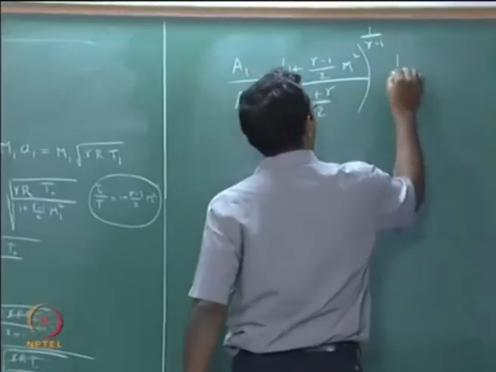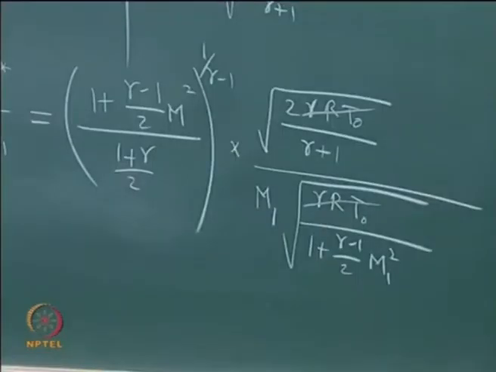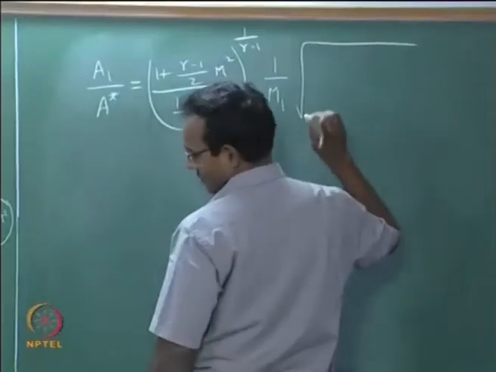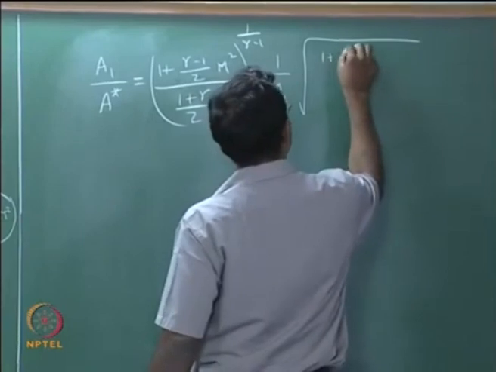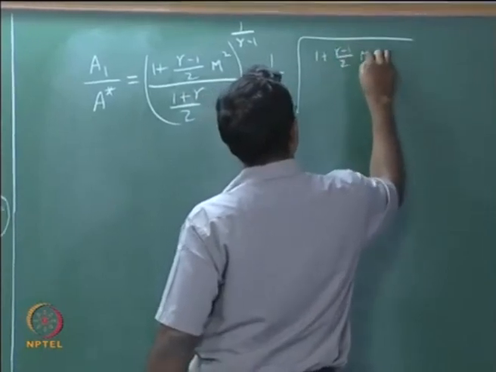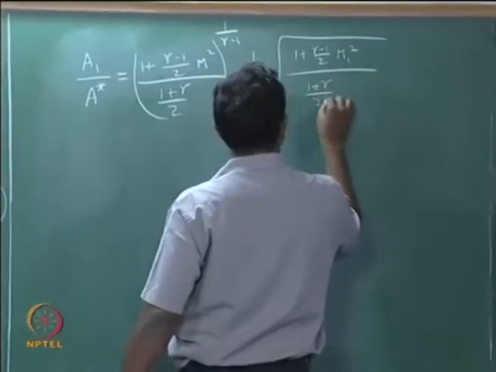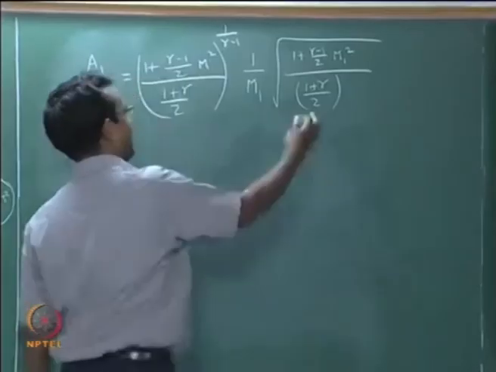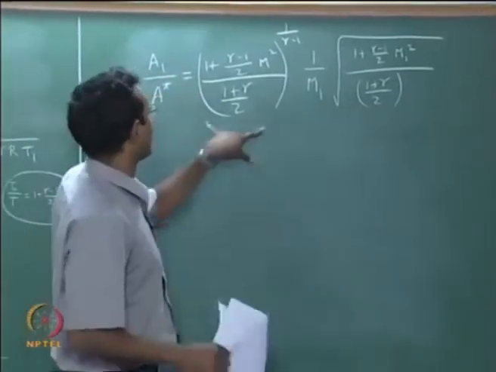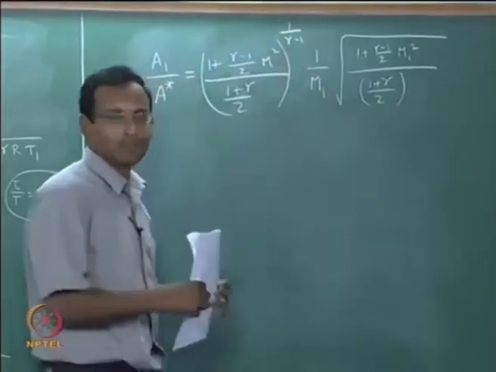I also have a 1 by m1, and the remaining terms inside the square root I will combine as 1 and rewrite in a nicer fashion: 1 plus (gamma minus 1) by 2 m square, m1 square, divided by 1 plus gamma by 2. I write it like this. Now this and this are exactly the same and they are multiplied, so the powers will be adding.